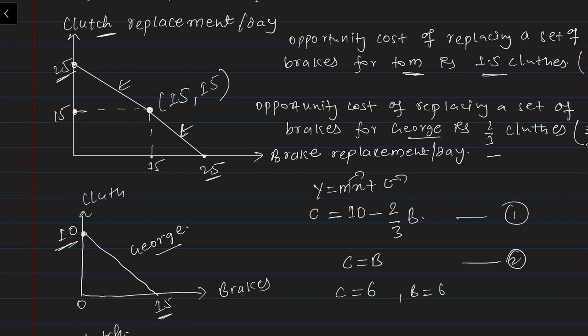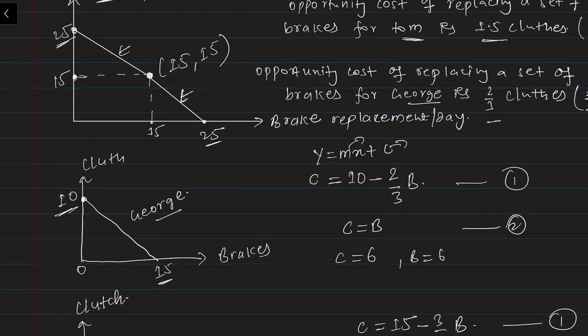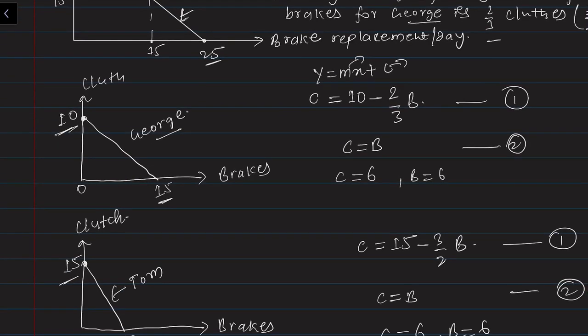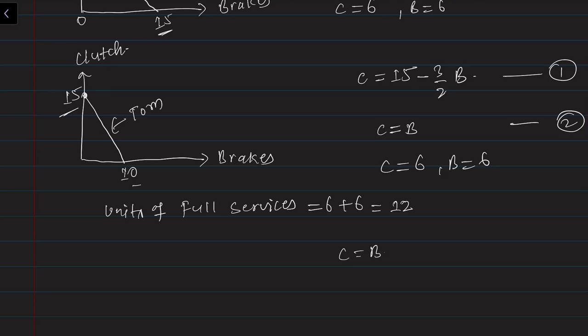Now to obtain the full services that they can do together, we need to draw a line at 45 degrees from the horizontal axis that passes through the origin, because in order to do the full services of clutch and brakes, we need to equate C equals B, right? So this is nothing but y equals x.